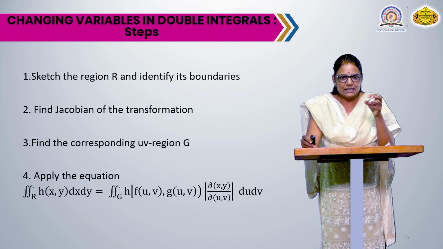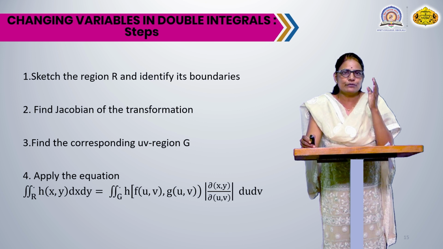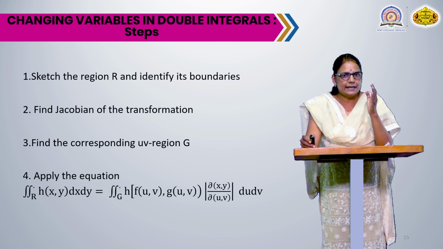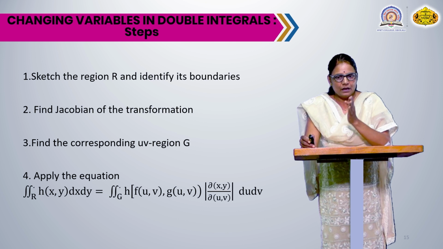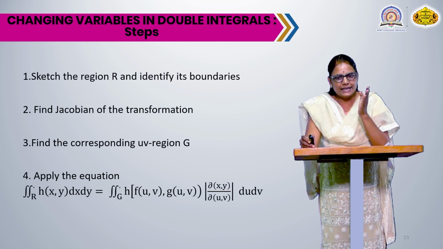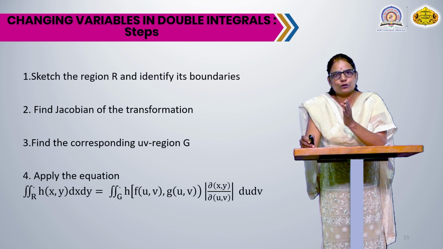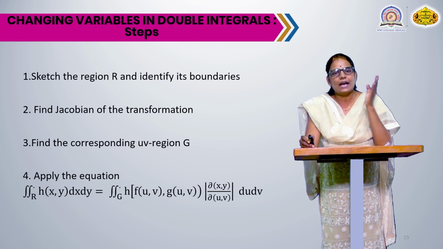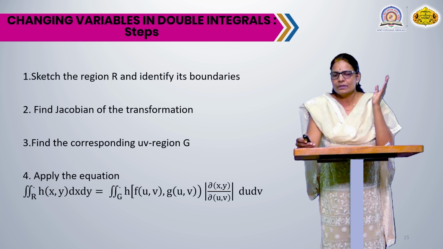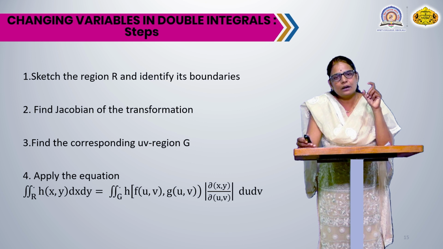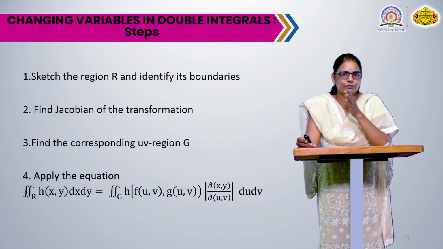So obviously this integral is replaced by another one. For that, first we find the given function h in terms of uv. Then dx dy is replaced by the absolute value of the Jacobian times du dv, and the region R is replaced by G. Okay. These are the 4 steps we will apply to solve the double integral by using the change of variables.